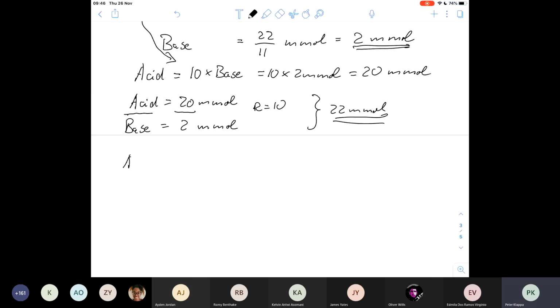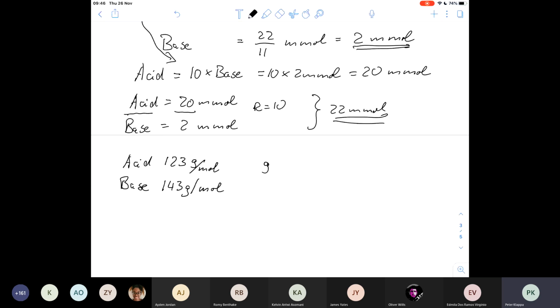So acid has a molecular mass of 123 gram per mole, and the base has 143 gram per mole. Absolutely right, John.